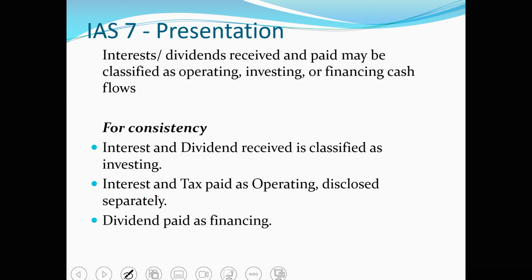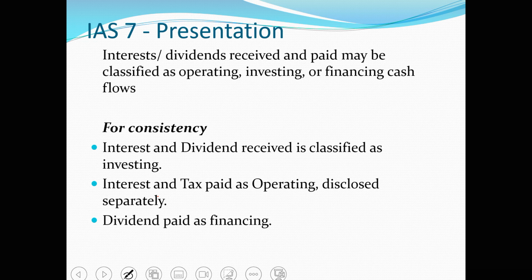The standard allows the entity to present interest received, interest paid, dividend received, dividend paid under any of the three headings. And so sometimes if one entity is presenting interest received under operating, another entity can be presenting the same under investing, and the point is the standard allows it. So it's one of the criticisms of IAS 7 to have allowed these kinds of inconsistencies, and therefore it makes comparison difficult if the entities choose to present these items under different headings.